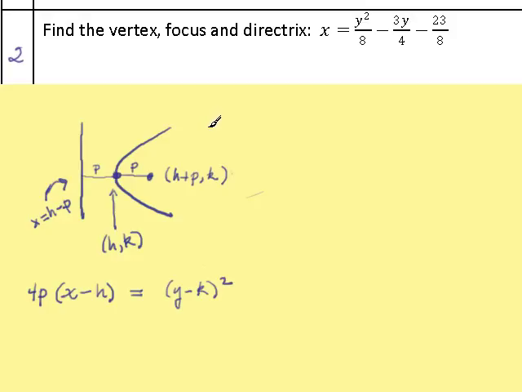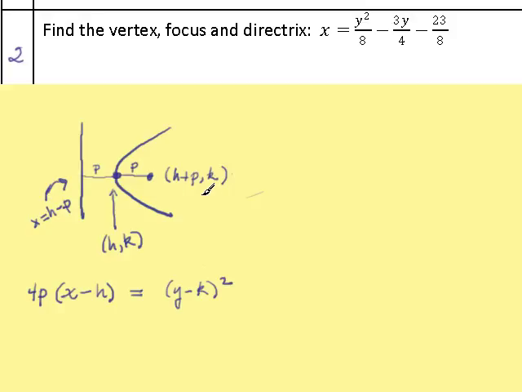And here's the information that we have to know about a parabola that opens right or left. Here we have the vertex (h, k), and the focus is going to be p units to the right, so that would be (h plus p, k), and the directrix is a vertical line, p units to the left, so x equals h minus p.